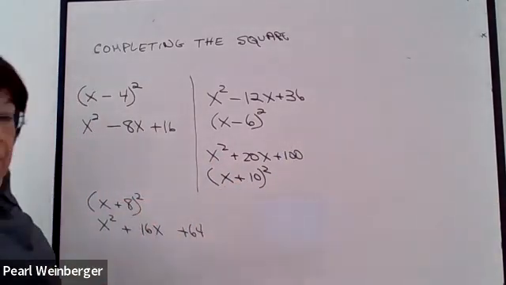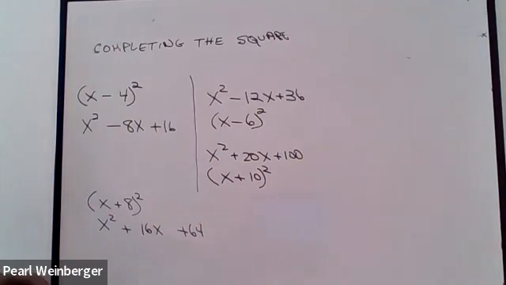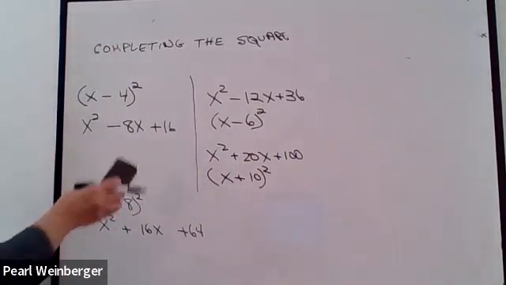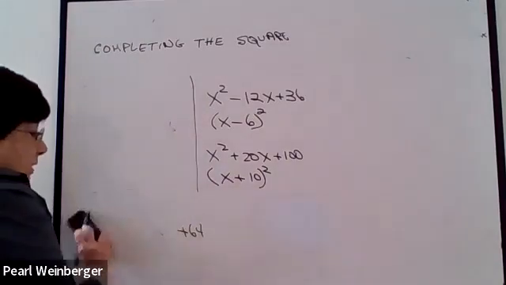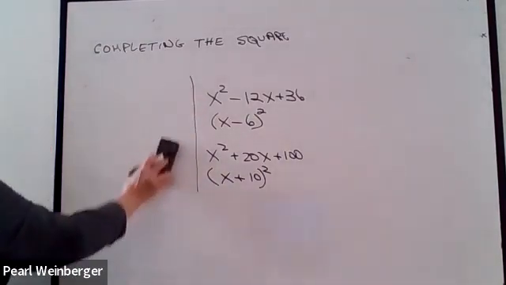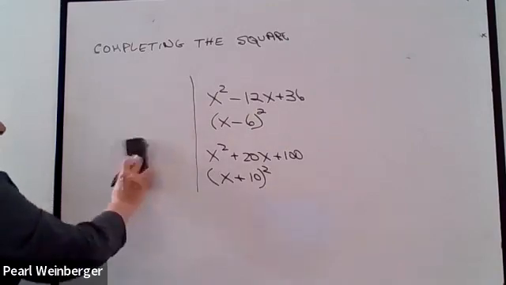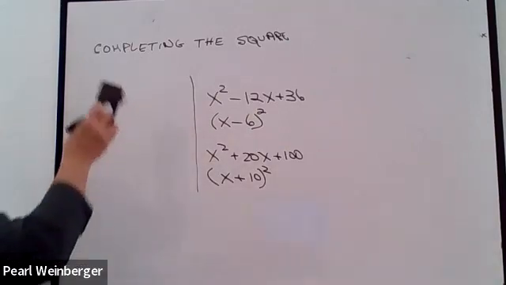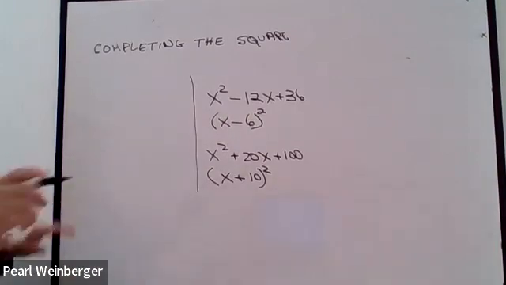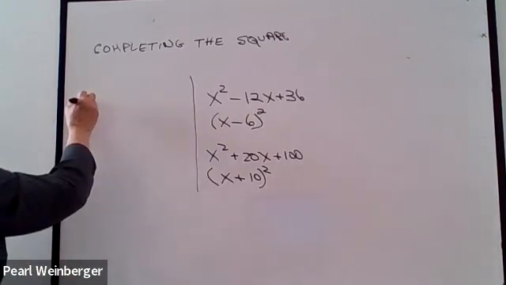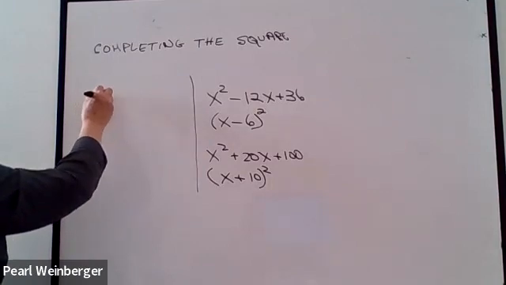That is the pattern. Now, why am I making such a big fuss about this? Because it leads us to a method that we can use to solve the quadratic equation called the completing the square method. There's one more step we have to do before we can actually get to a solution.